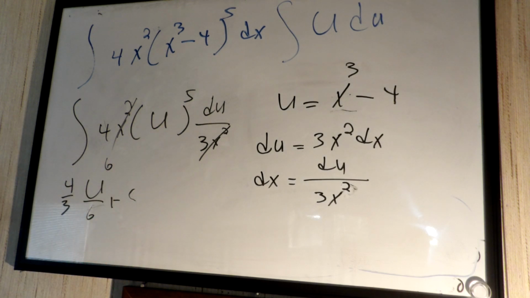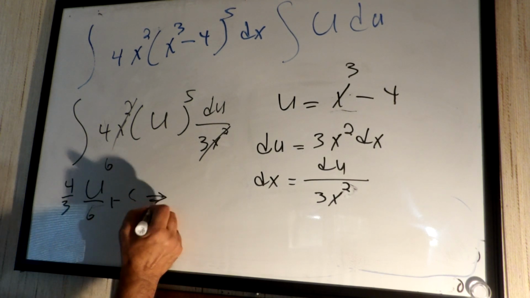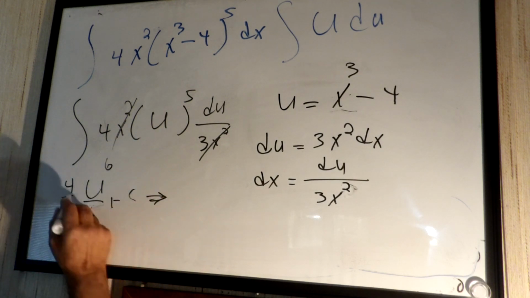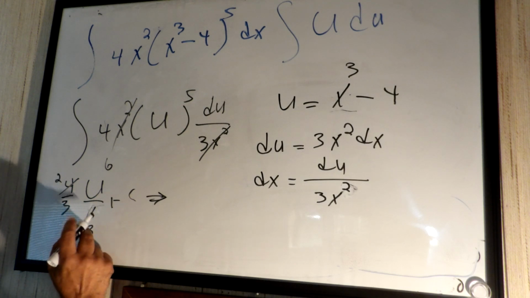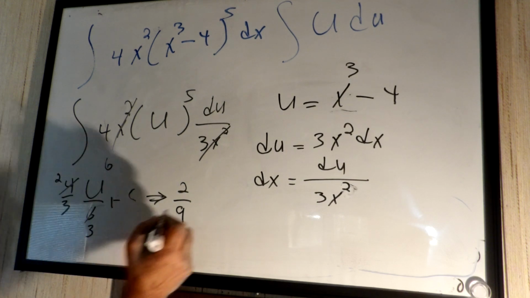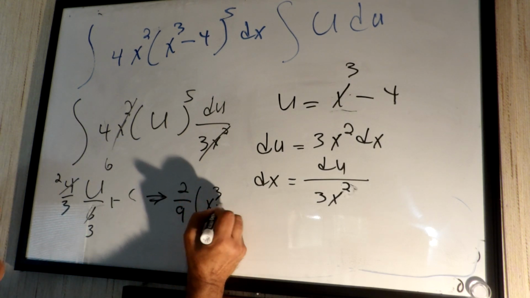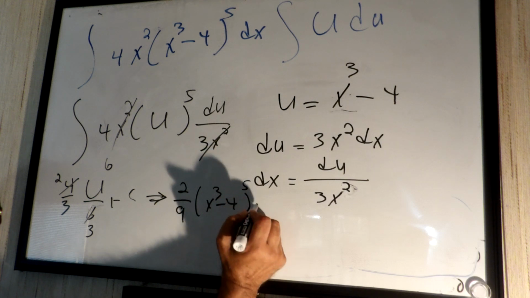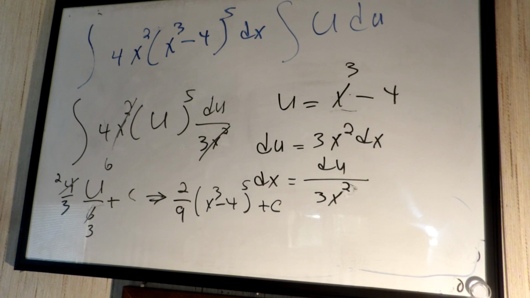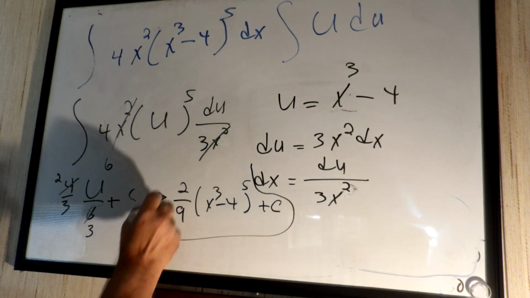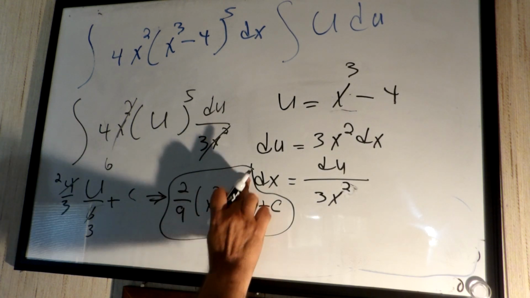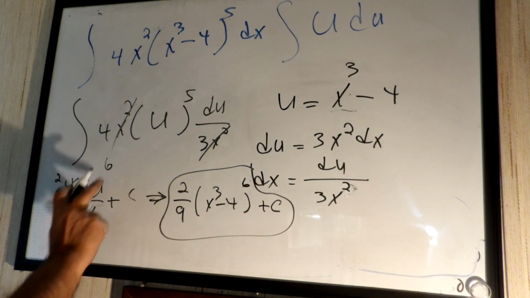Okay, and then 4 over 3 divided by 6 is going to be 2 over 9. So it is 2 over 9 times (x^3 - 4)^6 plus c. This is going to be the answer.